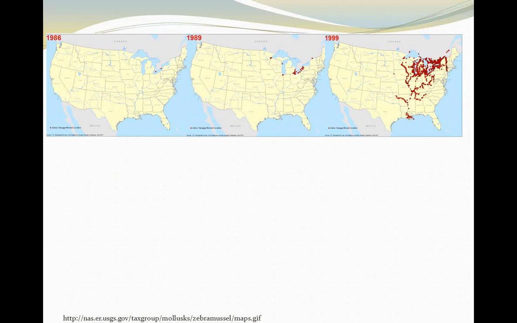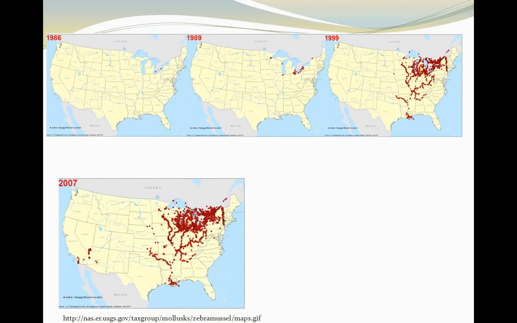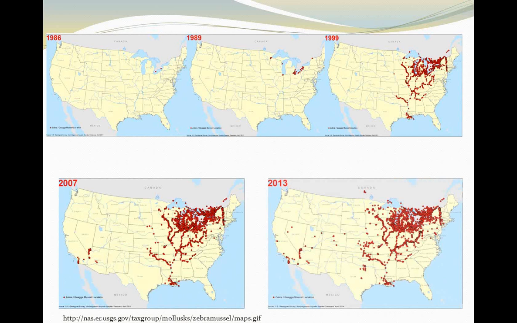Because the veligers, which are the mussel larvae, are free-floating for up to 2 months, they can spread down waterways. But in 2007, you can see a new set of dots in the southwestern U.S., and then in 2013, other unconnected waterways becoming infested. So the only way they could have spread there is by transportation on a boat.